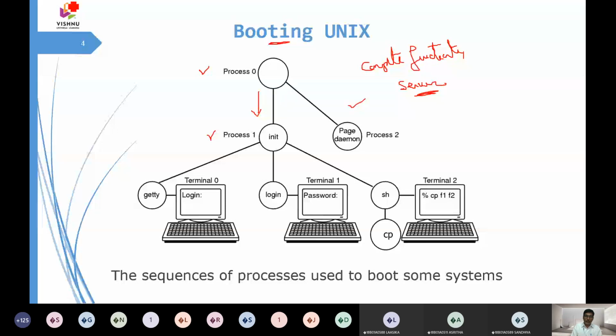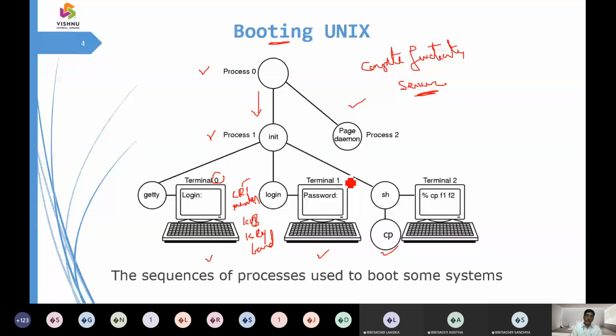Then we are going to have terminals. A terminal we can call a cathode ray tube, that is a monitor, and we are going to have a keyboard here. So the three things are going to happen in keyboard 1, keyboard 2, and keyboard 3. We call these terminal 0, terminal 1 and terminal 2.